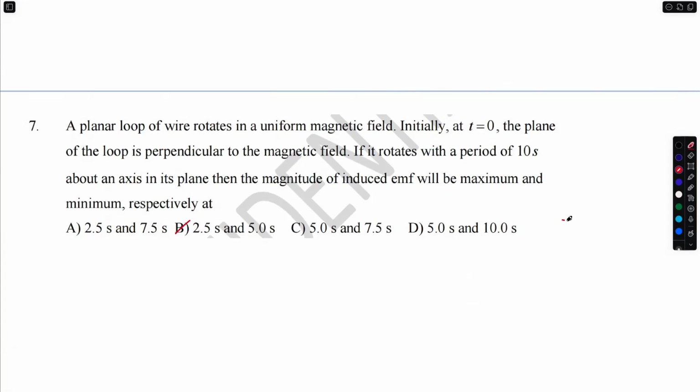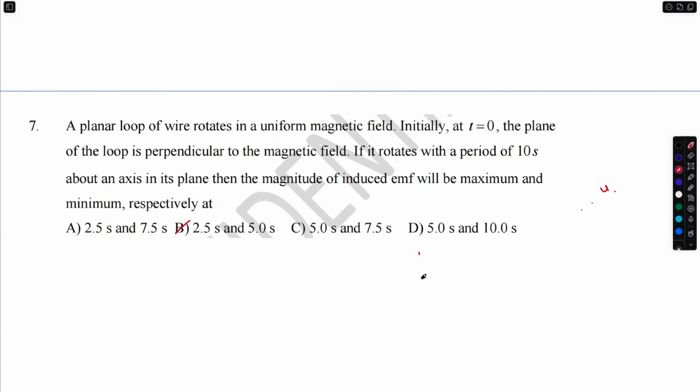See, please try to understand. You know already if this is the field direction and if it is rotating like this, then you know the EMF induced is BAN omega. No, it depends on the initial condition. Hold on. It depends on initial condition.